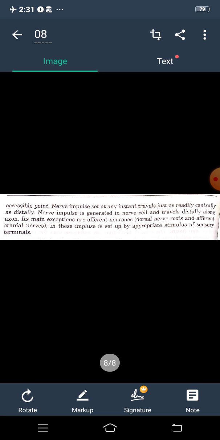Nerve impulse is generated in nerve cells and travels distally along axons. Its main exceptions are afferent neurons, dorsal nerve roots, and different cranial nerves. In these, the impulse is set up by appropriate stimulation of sensory terminals.